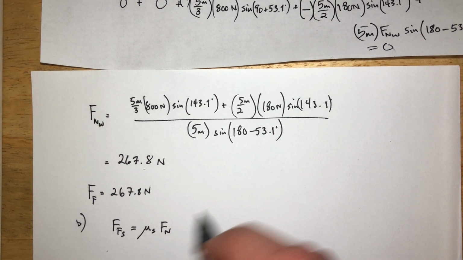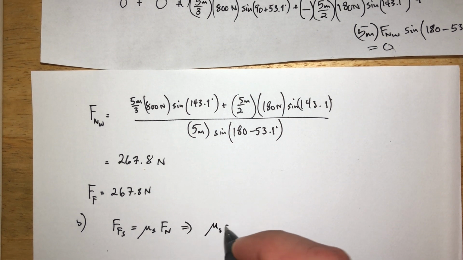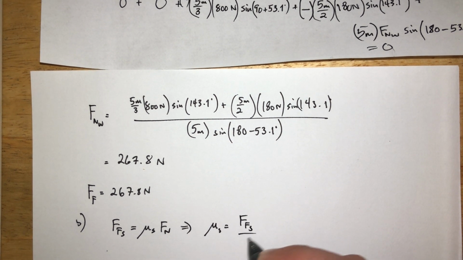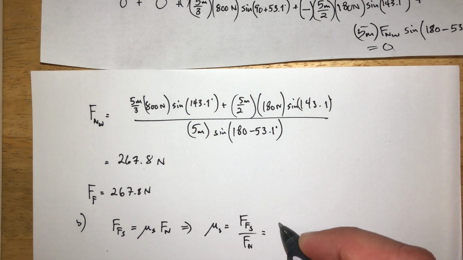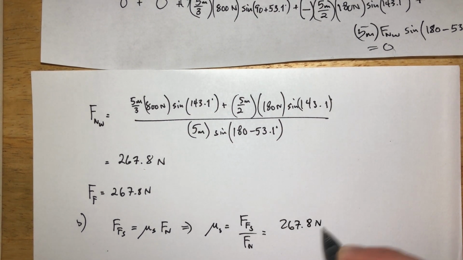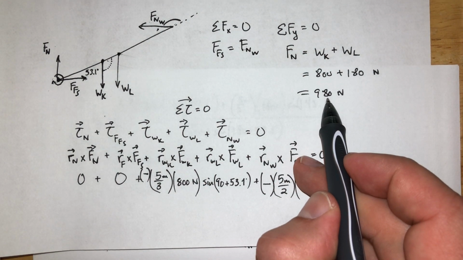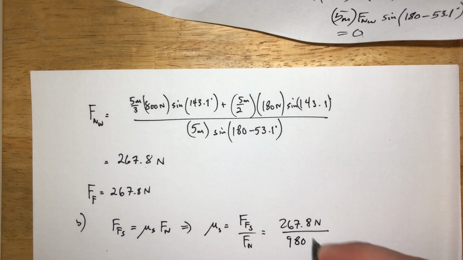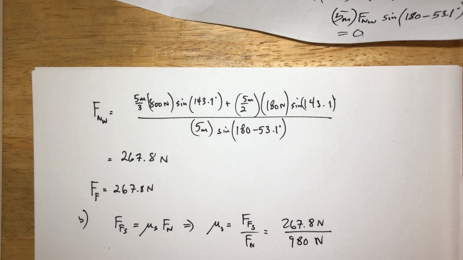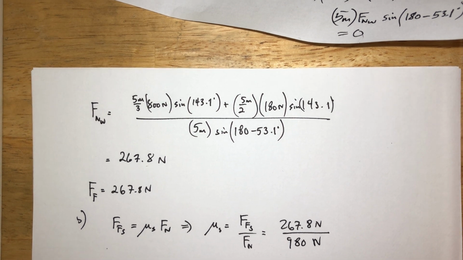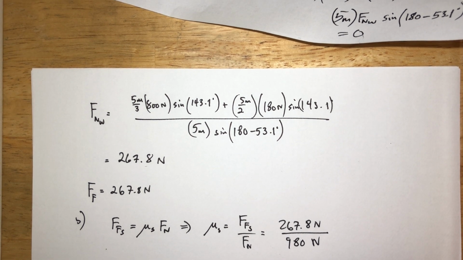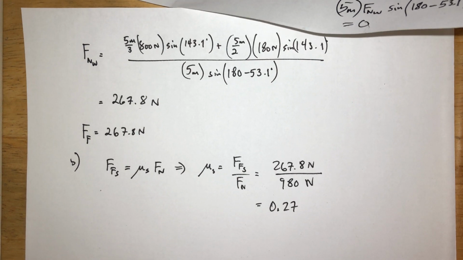Okay, so we're just talking about mu s equals force of static friction over normal. 267.8 over the normal force we said was 980 equals 0.27.